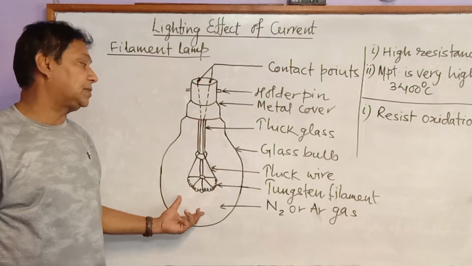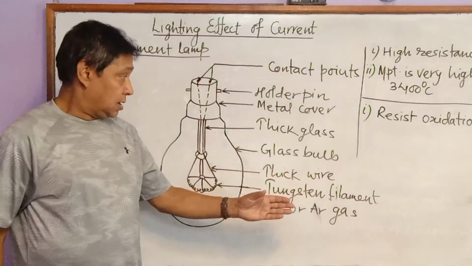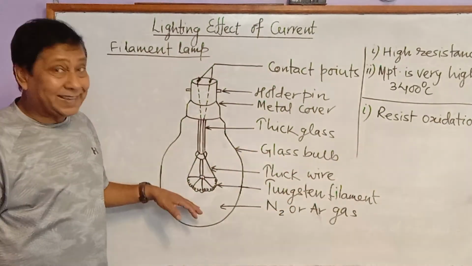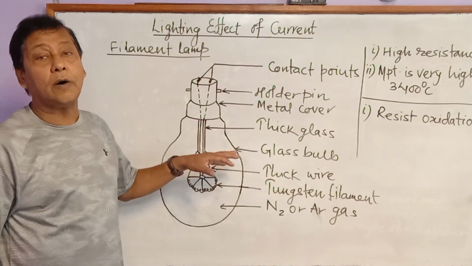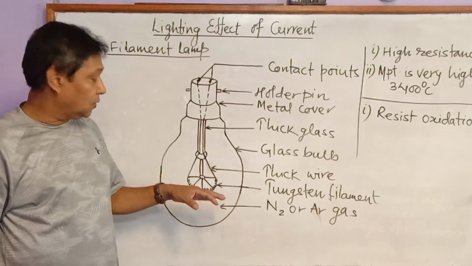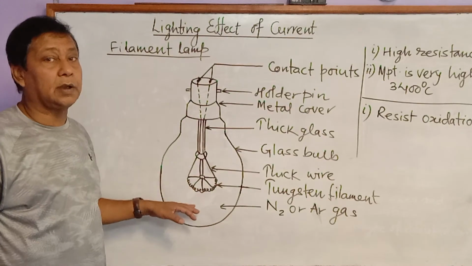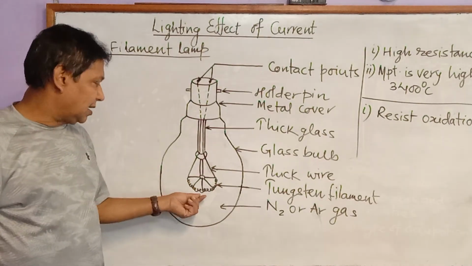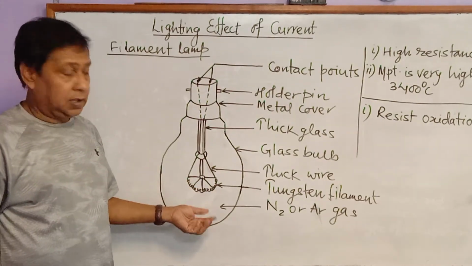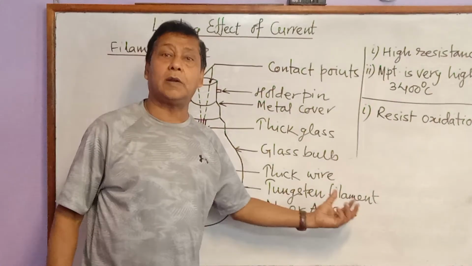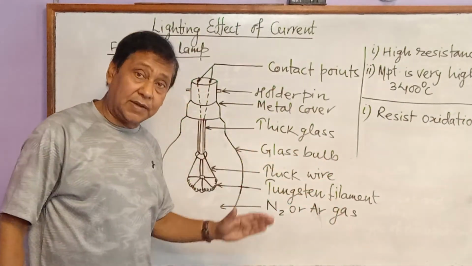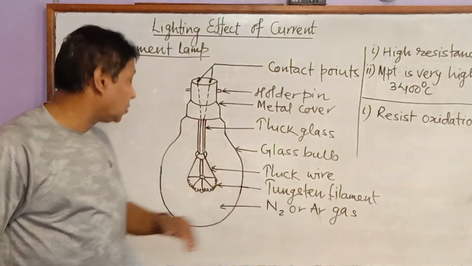Next reason for nitrogen or argon gas: to reduce the rate of evaporation of the tungsten filament. When this filament becomes hot, then it evaporates. If it is filled with nitrogen or argon gas, then the rate of evaporation becomes very low. Otherwise, what happens?